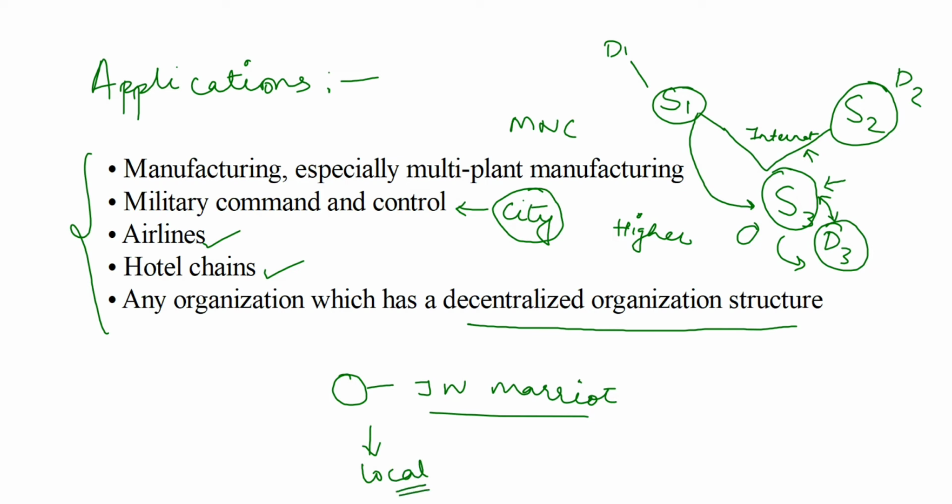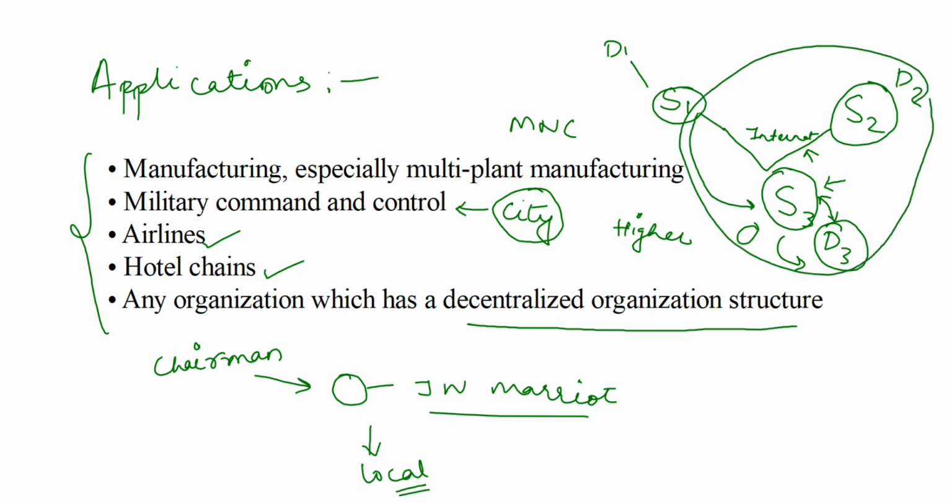But the head of JW Marriott or the chairman can access all this data from a distant location, because those are connected through the internet. But it will have some latency, just like this example. So that's why the distributed database system is used.